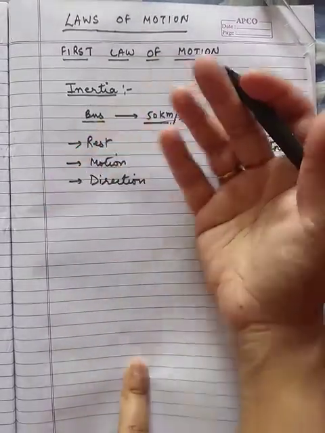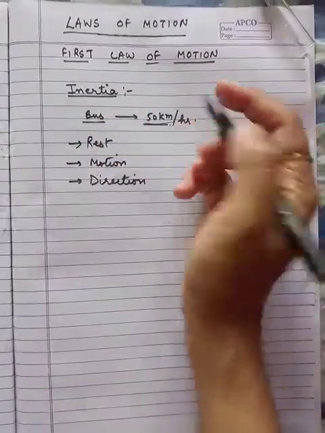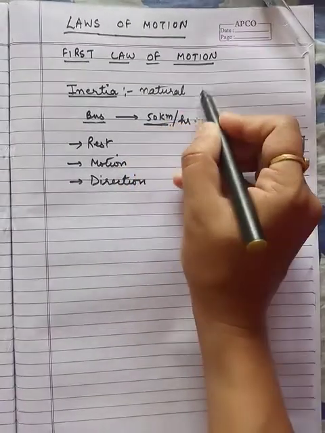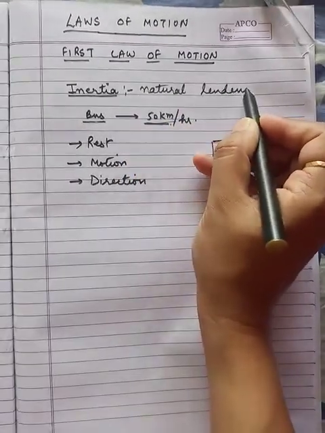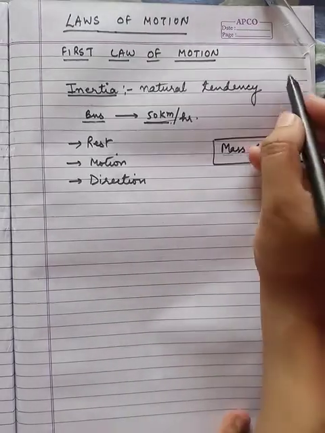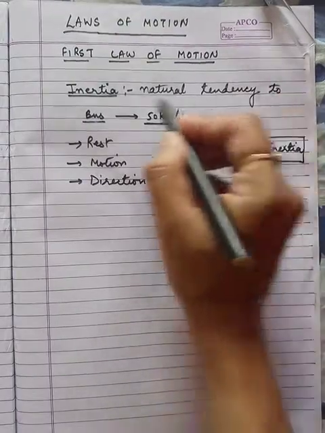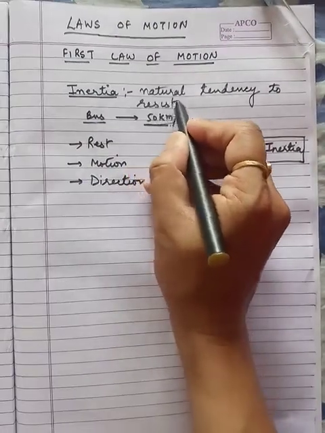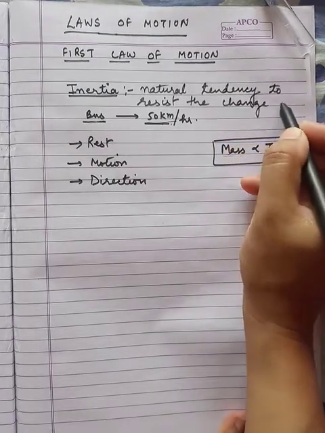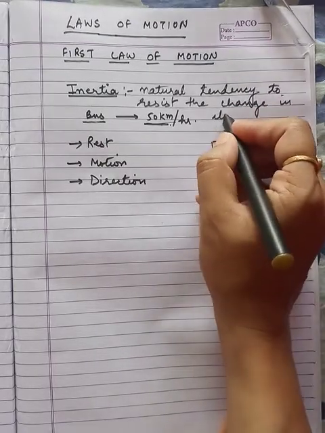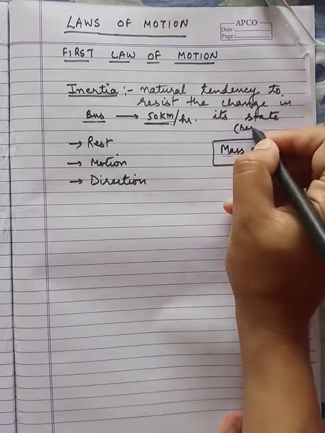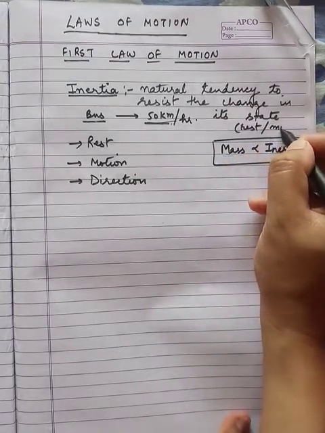So what is inertia? We have understood that it is a natural tendency of any object to resist the change in its state, whether it is the state of rest or the state of motion.